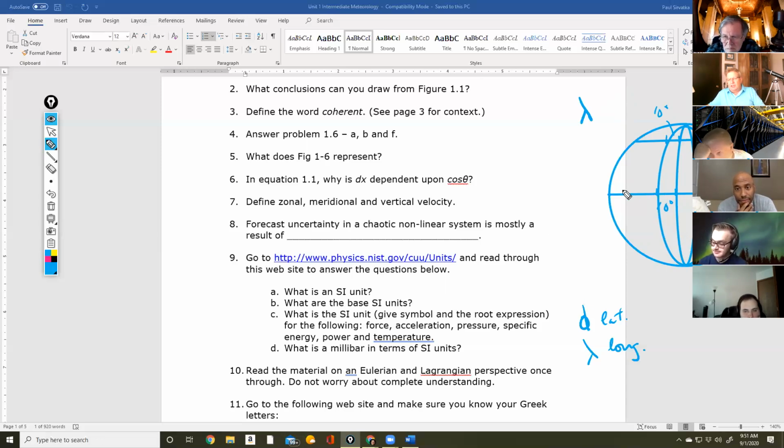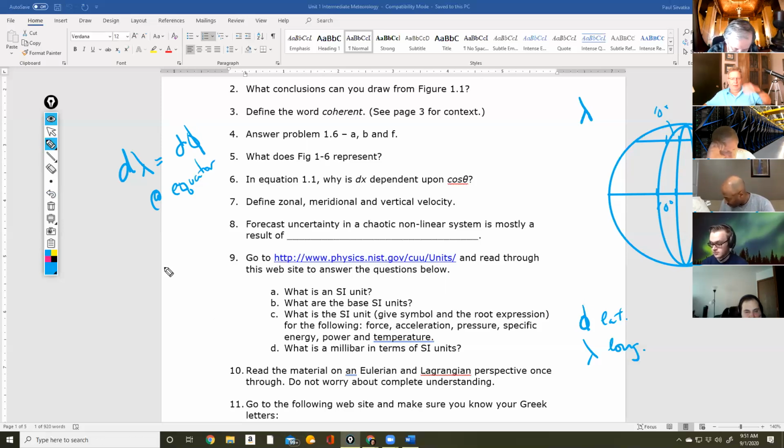In other words, the change in the longitude is the same as the change in the latitude at the equator. But the change in the longitude is 0 at 90 degrees.